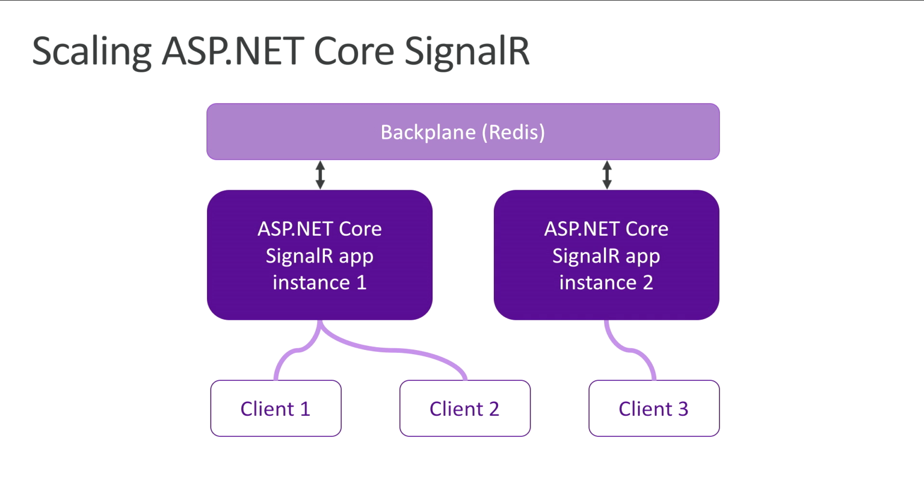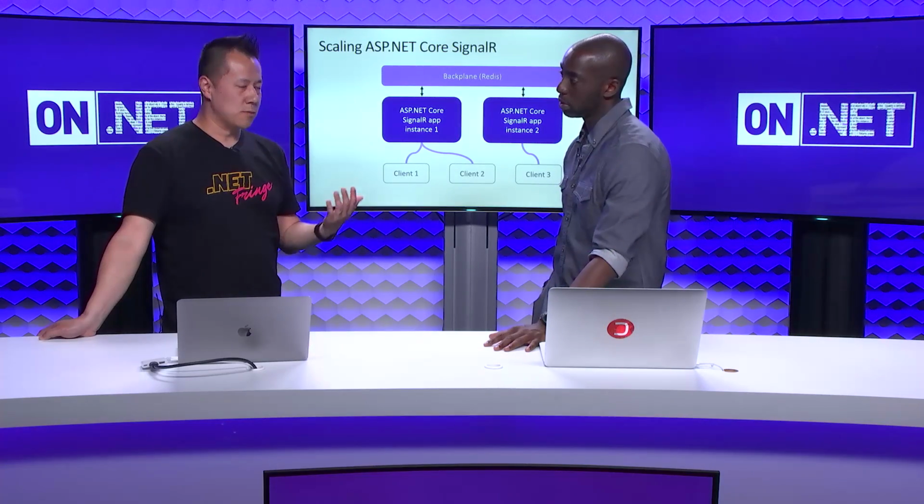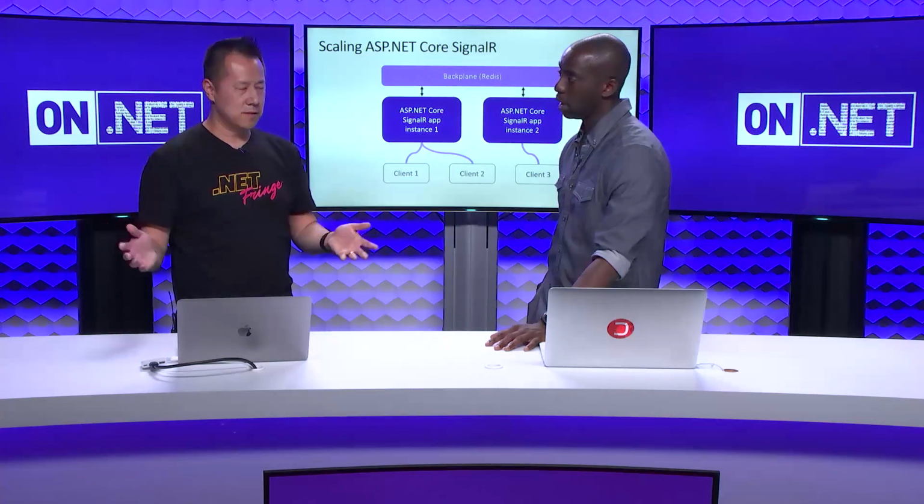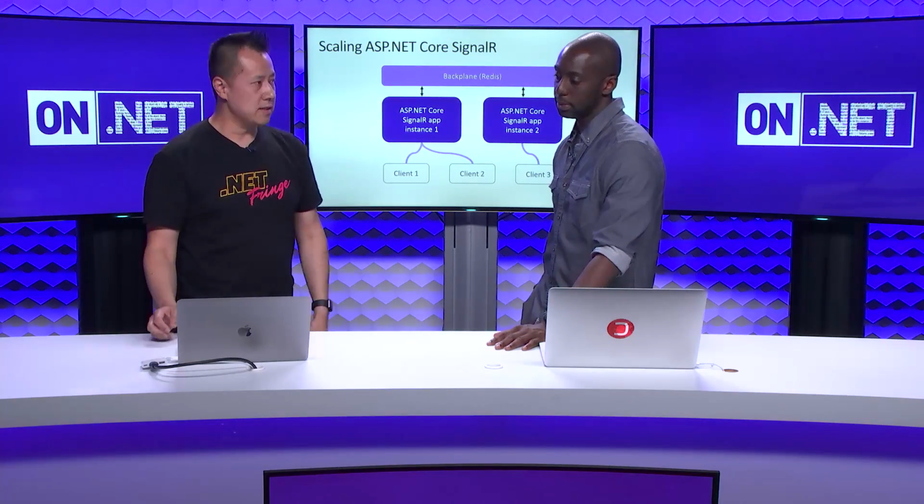So in front of the application, you also want to set up sticky sessions, so that your clients are always talking back to the same servers for this to work properly. Is that pretty easy to set up? It is. You have to work with whatever load balancer you happen to be using to make that happen. Or if you're using Azure Web Apps, you literally just flip a switch and enable sticky sessions. Give me session affinity, and it's there. Got it.